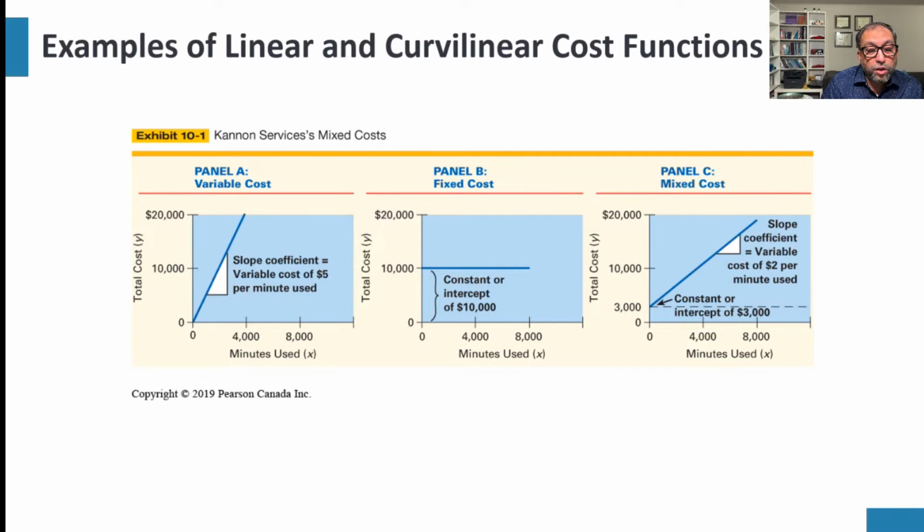In panel C, it's a mixed cost, like you have to pay 2,000 as a fixed cost or a line rent type of thing, and then every minute you're going to pay $2 per minute. So this is the way we can explain variable cost, fixed cost, and mixed cost.